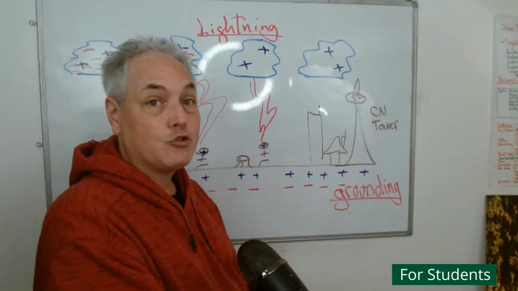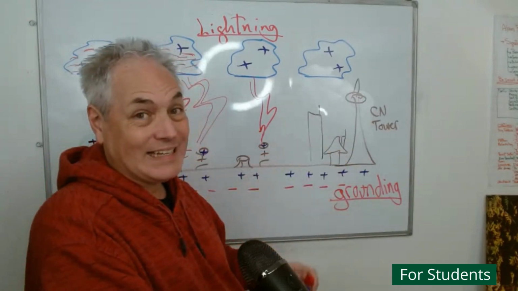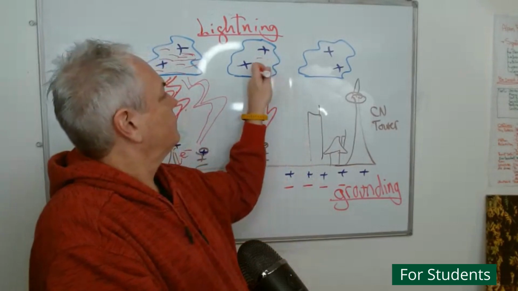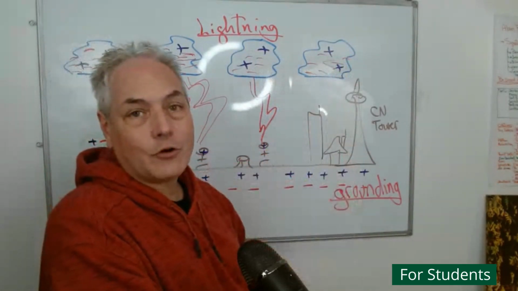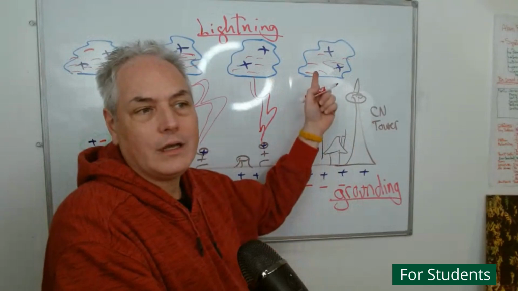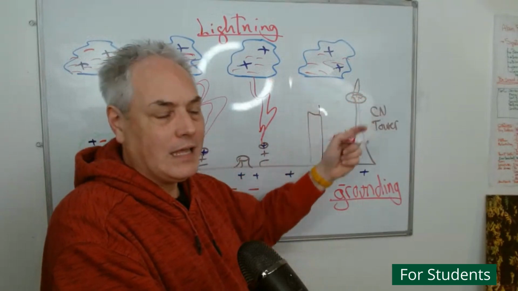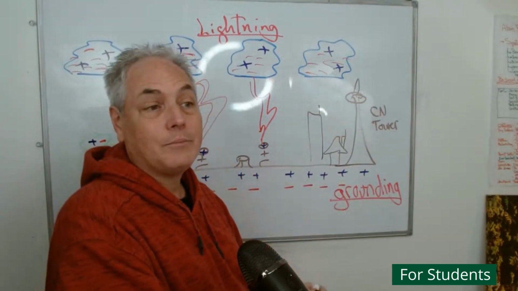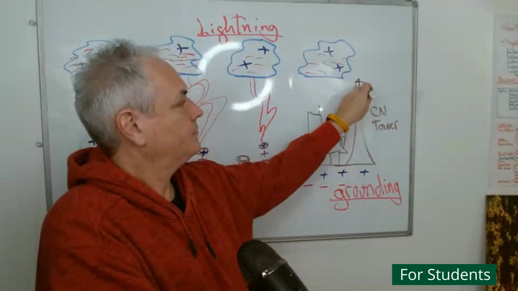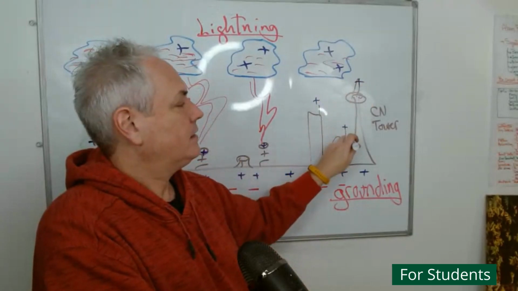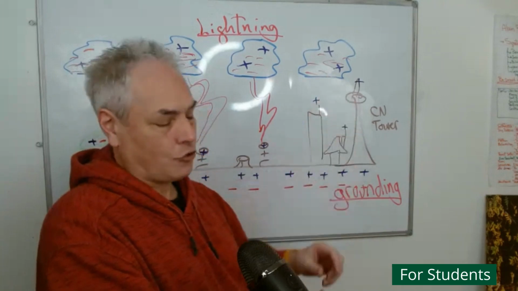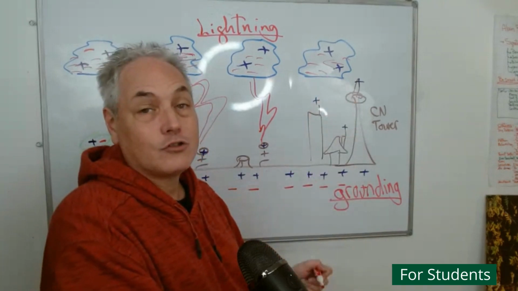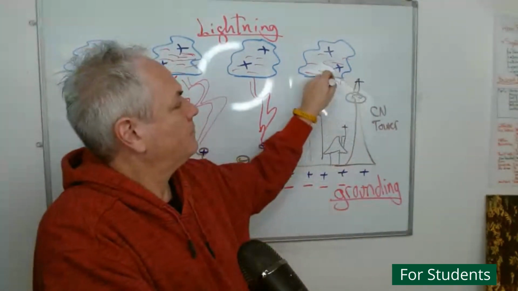What happens is that when you have a cloud that is negative, it's looking for a place to be able to move away. The tip of our tower becomes positive, the tip of a building, the tip of the chimneys of houses. And therefore, these are great ways for electrons to be able to escape.